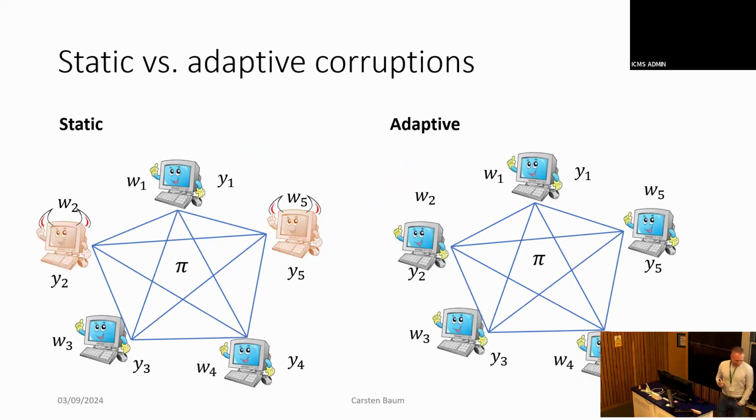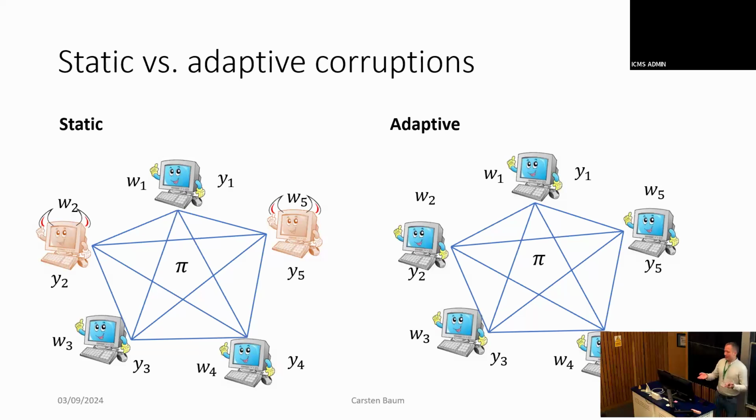And now I said that parties can be corrupted. There's an adversary that can corrupt parties, and there are two ways of doing that. If you want to write a security proof, you have to take these cases into consideration. One is called the static model, and the other is the adaptive. The static model of a security proof is similar to what we saw yesterday: you know that either the prover or the verifier is corrupted, but you know it from the outset.